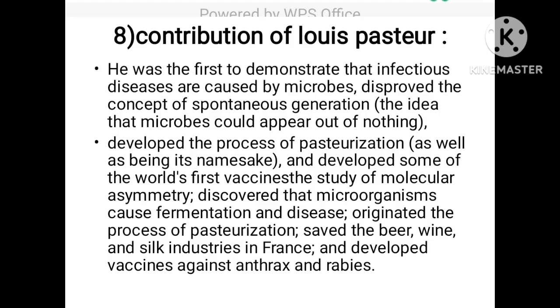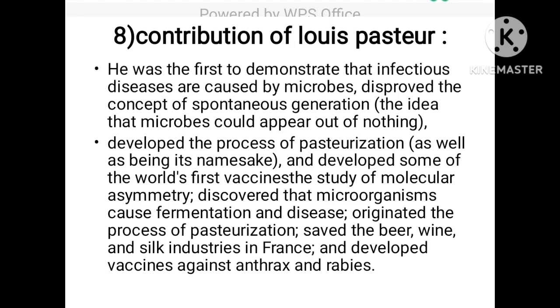Question number 8, contribution of Louis Pasteur. He was the first to demonstrate that infectious diseases are caused by microbes, and disproved the concept of spontaneous generation, meaning the idea that microbes could appear out of nothing.